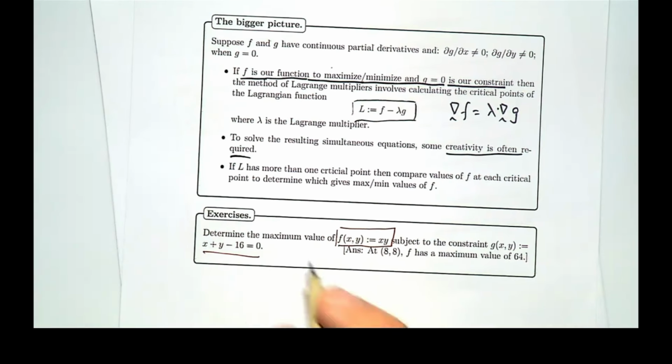Now, you could do this using Lagrange multipliers. But is there a better way? Is there a better way early on a Wednesday morning?